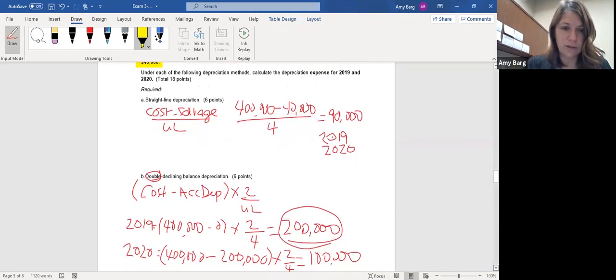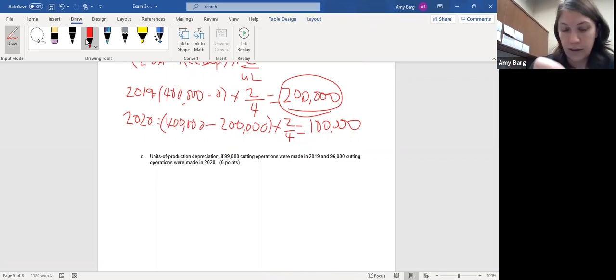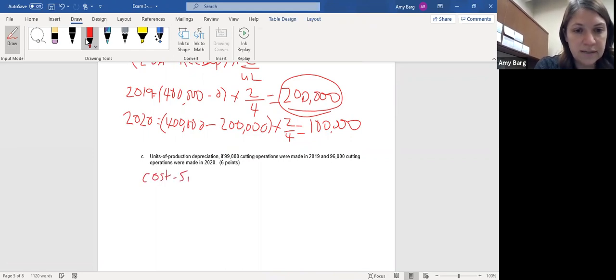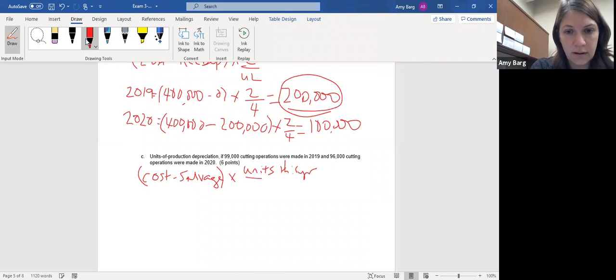So for units of production, it starts kind of like the straight line, it's going to be the cost minus the salvage, and then you're going to multiply that value times the units that you produced this year divided by the units it's expected to produce over the lifetime.